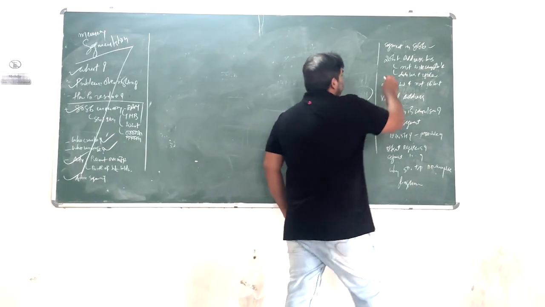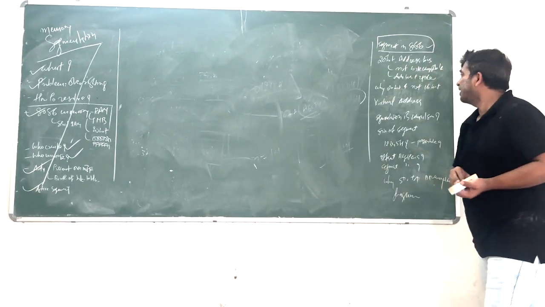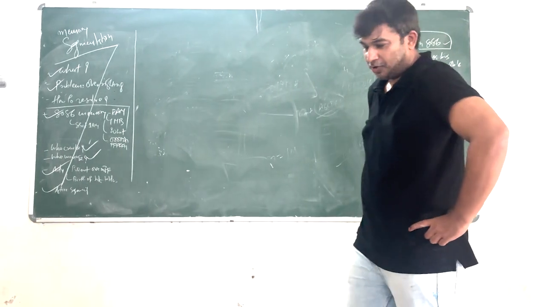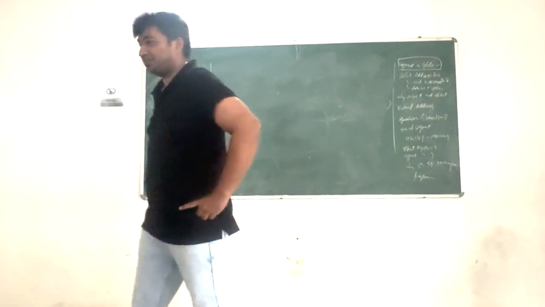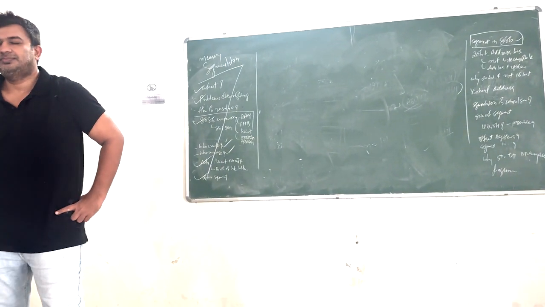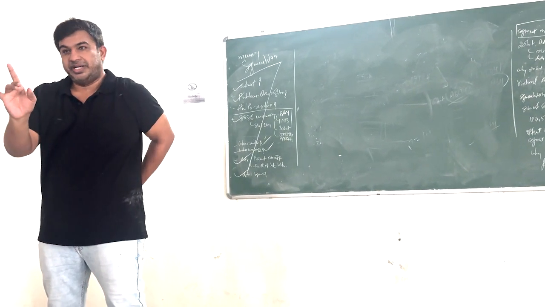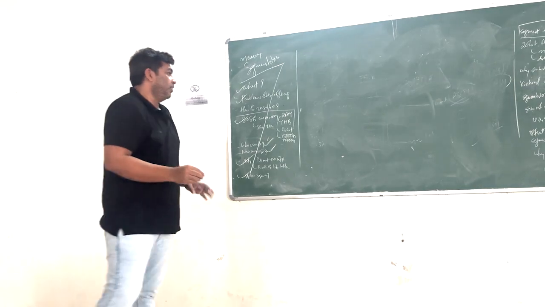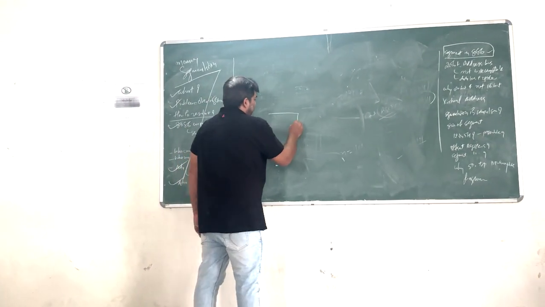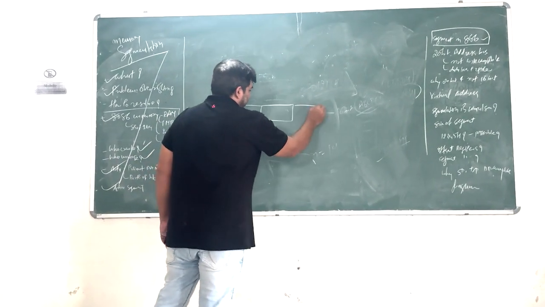Okay, so this is fine. Now again I need your concentration, there is a problem with your address bus. What is the size of your address bus? 20 bits. Now we are dealing with bytes, as your computer system usually deals with bytes, as we have already discussed.